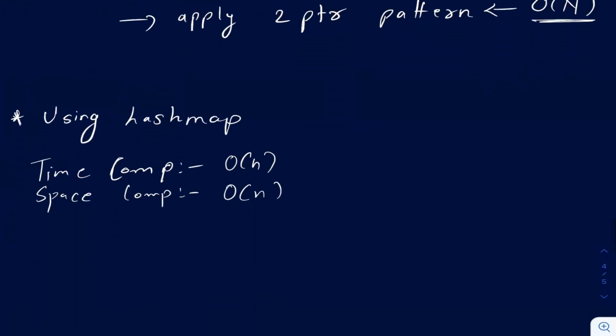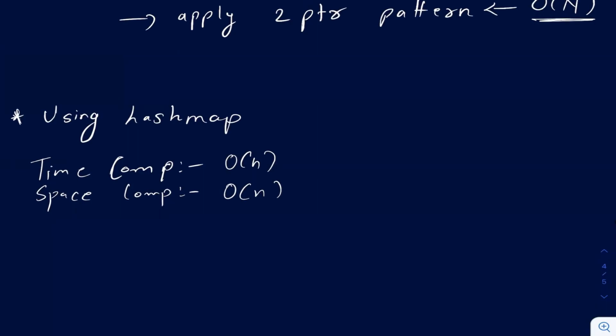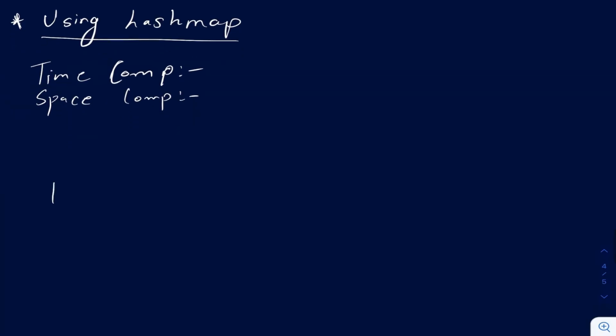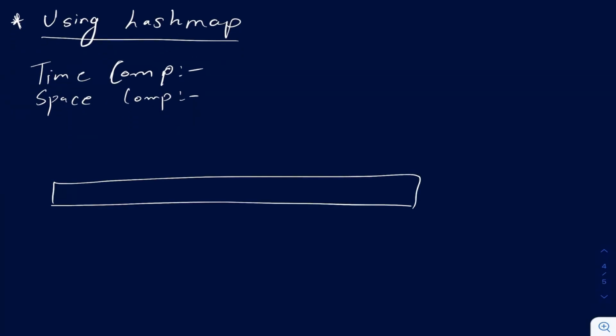Now let's see this hash map based approach, right? Oh, sorry, I already wrote this down. Let me erase that. Yeah, so what will happen in case of hash map based approach? If you remember, we have an array and we visit each and every element.